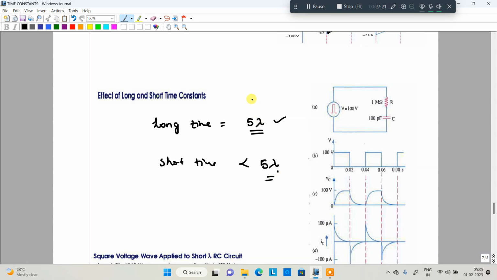Whenever the pulse is available up to 5 time constants, it is called a long time constant. Whenever the pulse is not available up to 5 time constants, that is a short time constant.